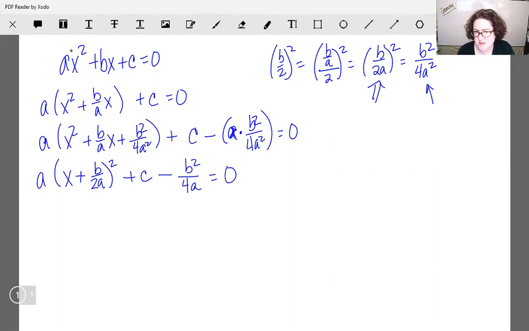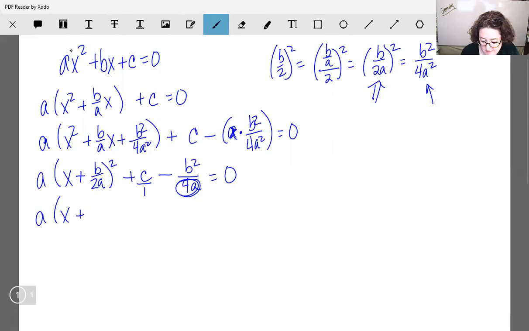We haven't reviewed this piece yet, but whenever I want to change what one of my fractions looks like, if I want to combine my like terms, I need to multiply whatever constant I need in that denominator, in both the numerator and denominator. I want to have this denominator 4a to be able to combine with a c. So I'm going to take this as c over 1, and I'm going to multiply both the numerator and denominator by that 4a.